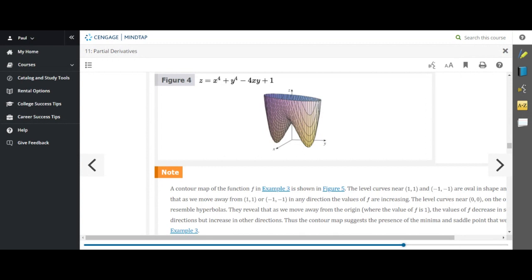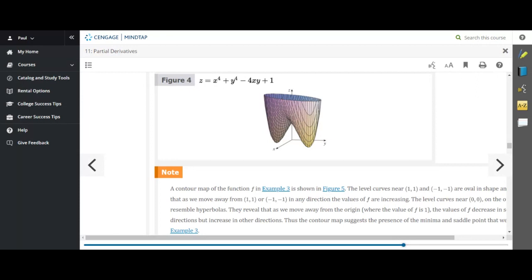When x is 1, y equals 1, the surface clearly has a minimum. And when x equals negative 1 and y equals negative 1, that's back in the third quadrant. That's going to be that left minimum there. But at the origin, there's going to be a saddle point because it's not a maximum or a minimum. There's no hill at the origin.